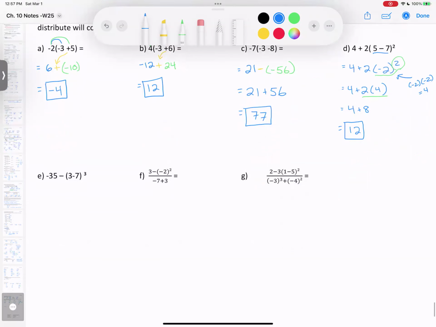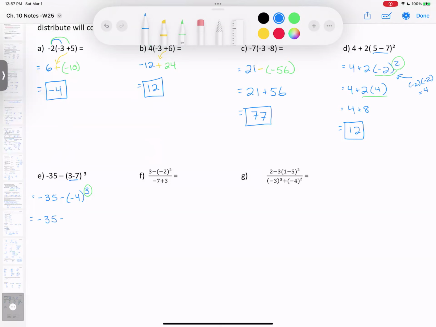Okay, next one, first we should deal with these brackets. So -35 minus 3 minus 7 gives us -4. And that's cubed. So the next thing we're going to deal with is the exponent. So we've got -35 minus, and then -4 cubed.